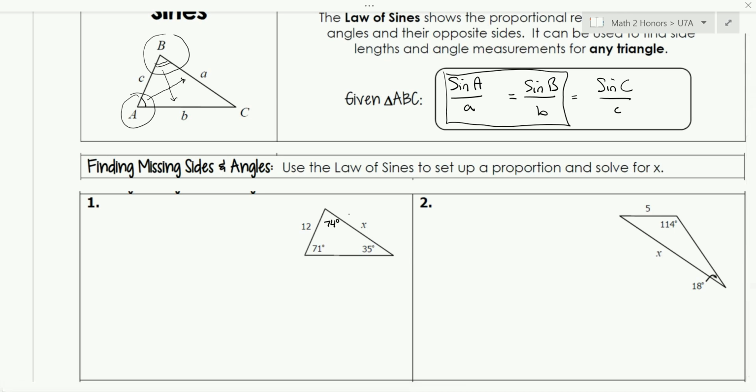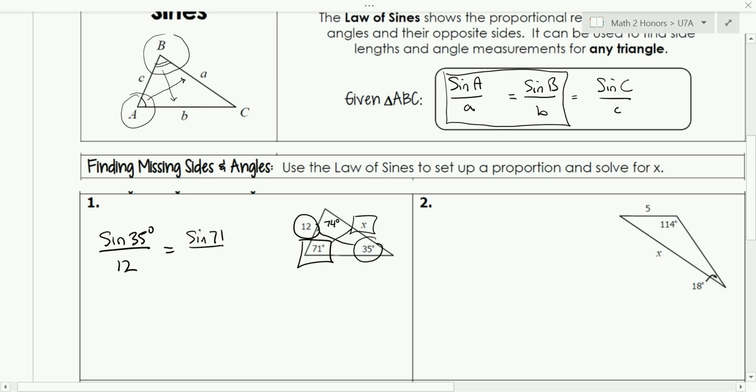But we can use the law of sines, which says, if you find an angle, the sine of that angle divided by the side that's opposite it, so sine of 35 divided by 12, is proportional to the sine of another angle divided by its opposite side length. So sine of 71 over x.